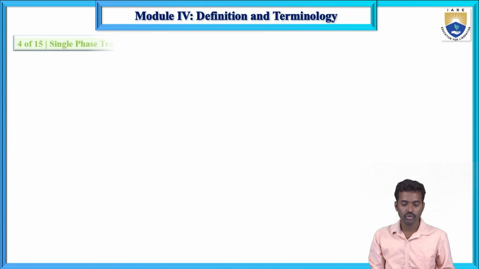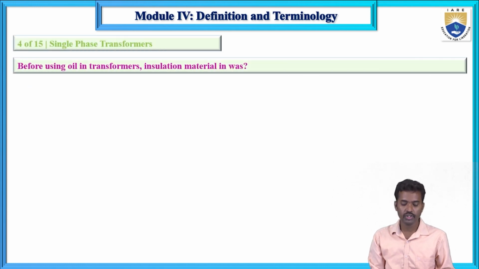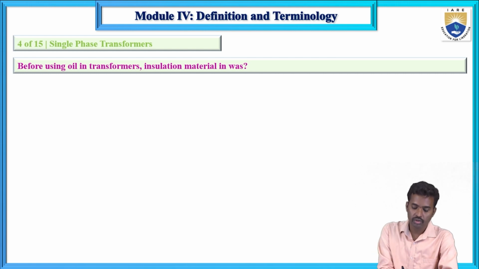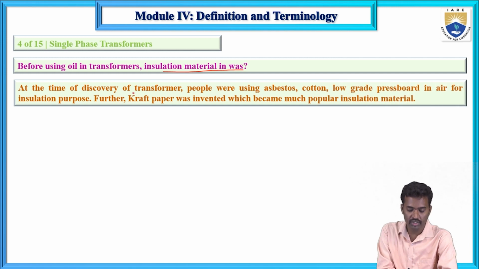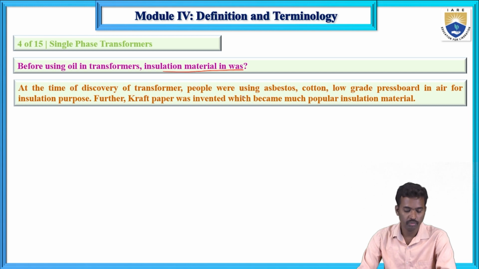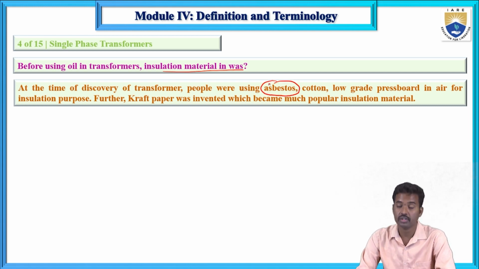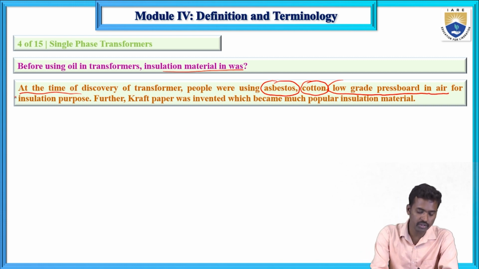Next, fourth question. Before using oil in the transformers, which insulation materials were involved? At the time of the discovery of the transformer, people were using asbestos first, then cotton, and after that low grade pressboard in air for insulation purpose.